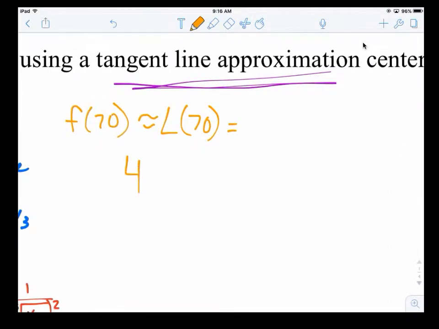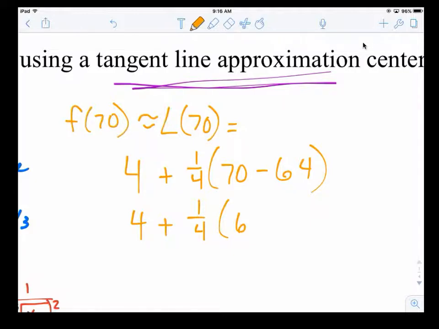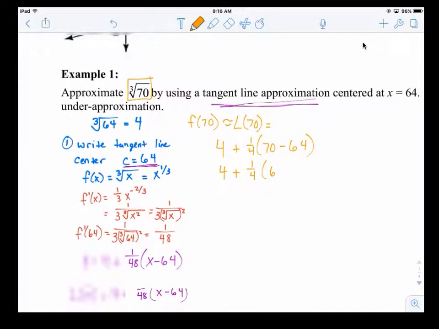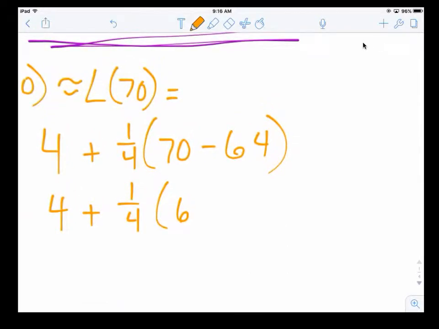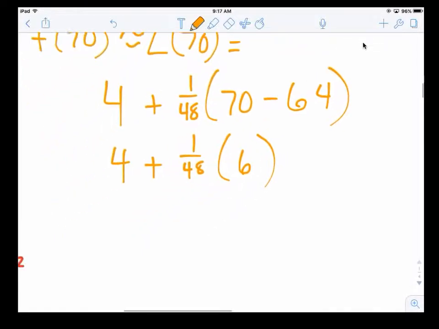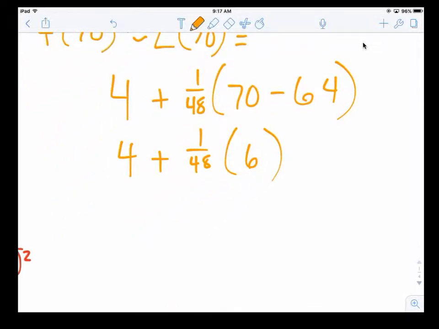So I have 4 plus 1/48 times 70 minus 64. So that gives me 4 plus 6 over 48, which would be what? 1 over 8?